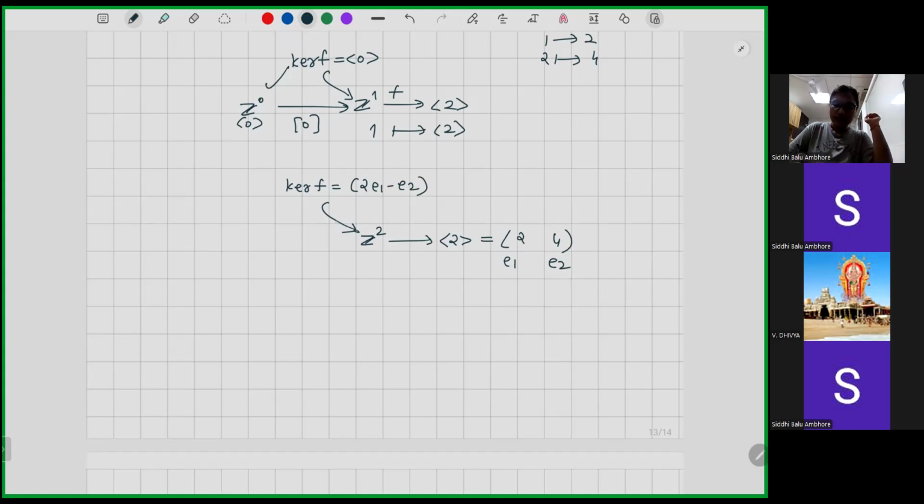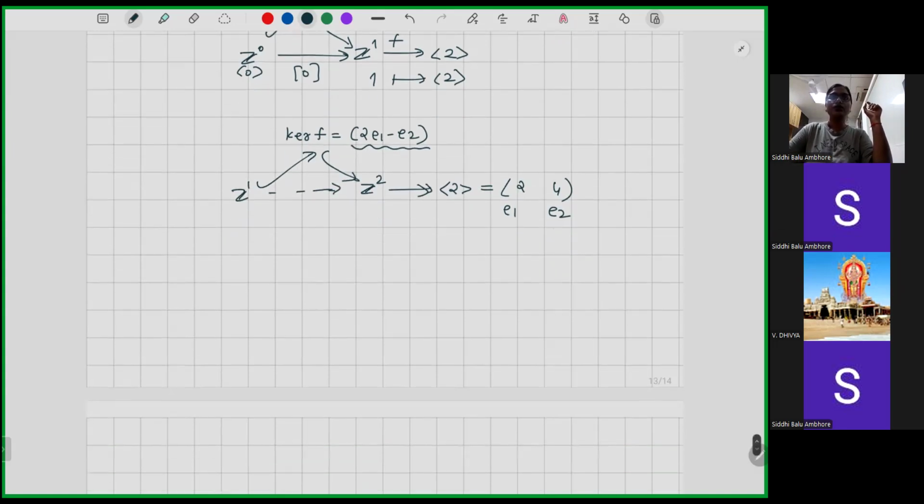When I look at it like this, I get Z^1, because the kernel is generated by one element, so it has one copy of Z. So this is Z^1 to Z^2, where E1 goes to 2 and E2 goes to minus 1.